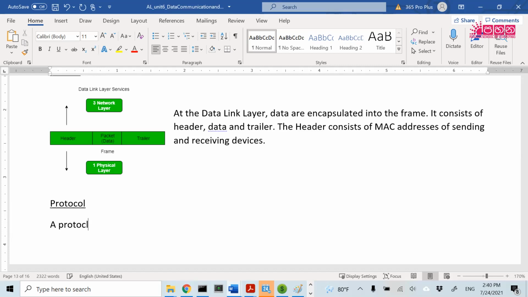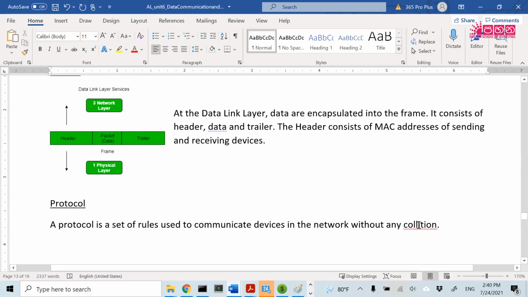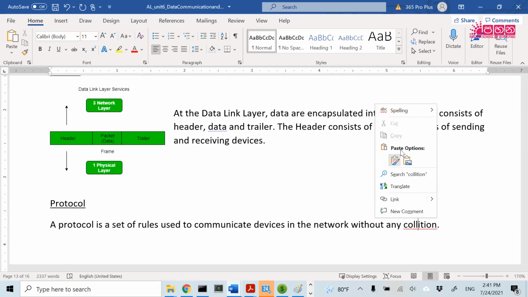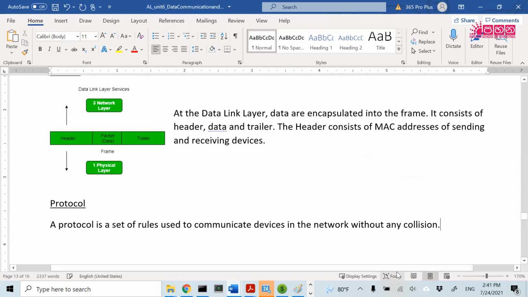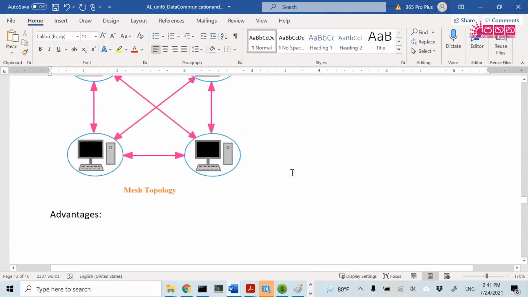A protocol is a set of rules used to communicate devices in the network without any collision. Collision means without a clashing.